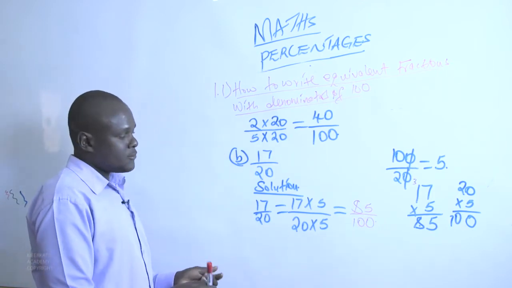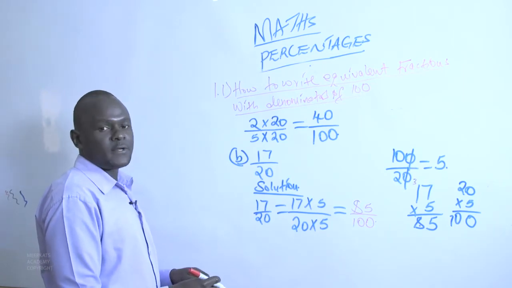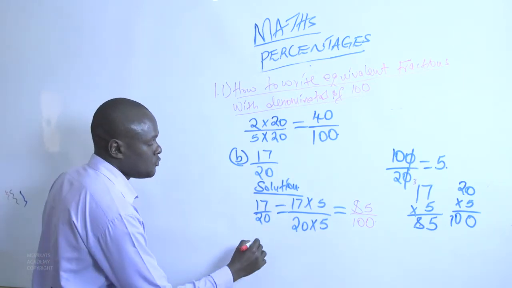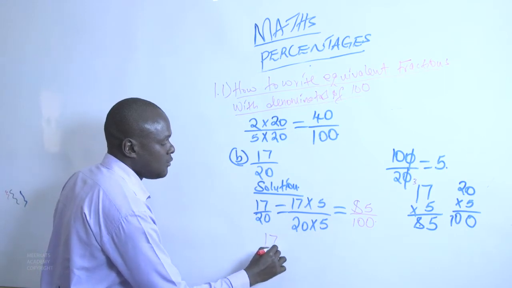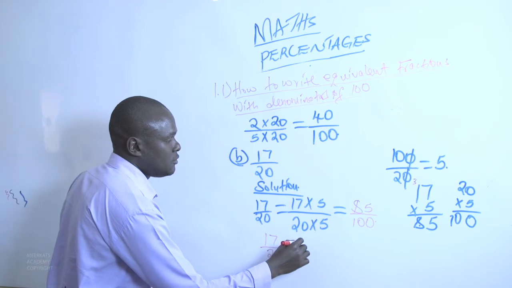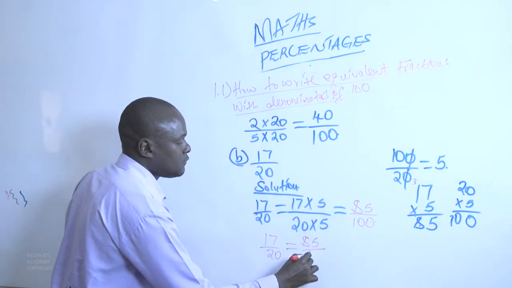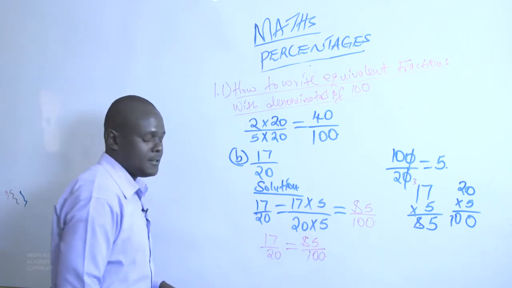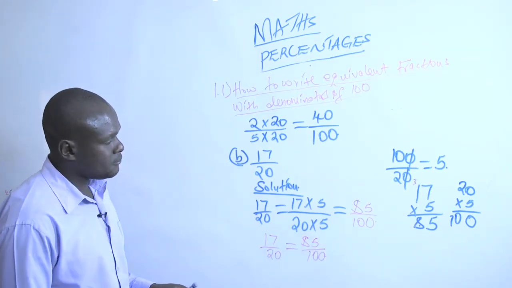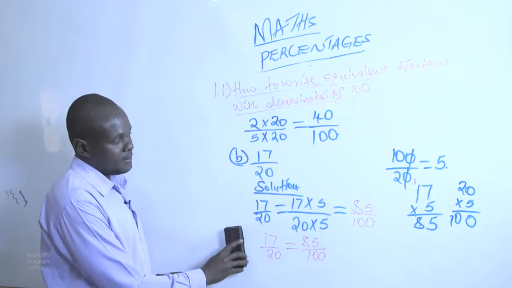So in essence, what I'm trying to say is that an equivalent fraction to 17 out of 20 is basically 85 out of 100. That will be 85 out of 100.